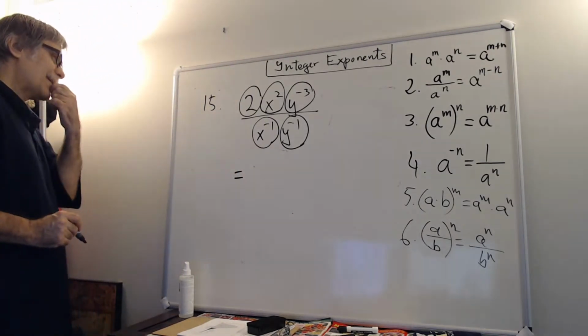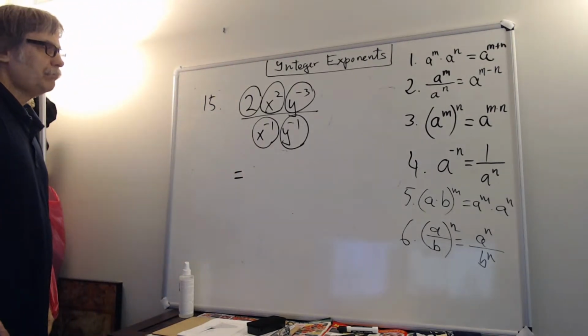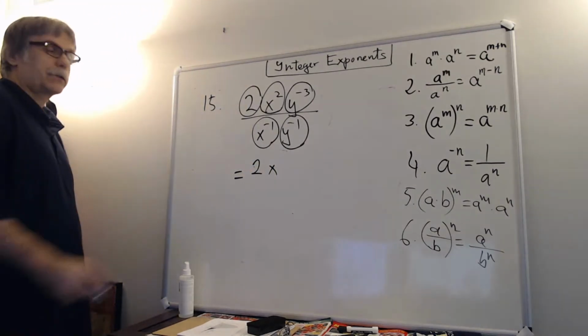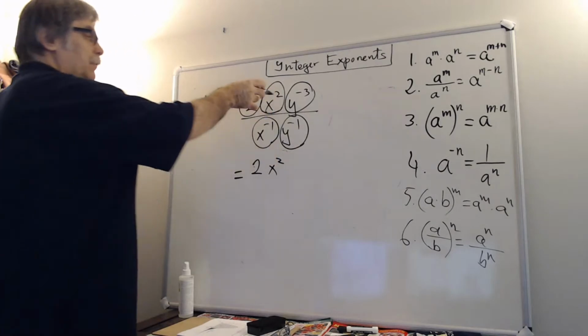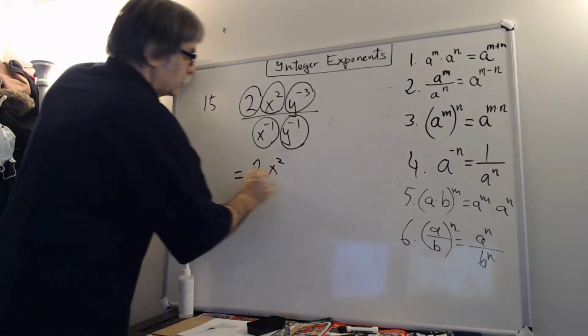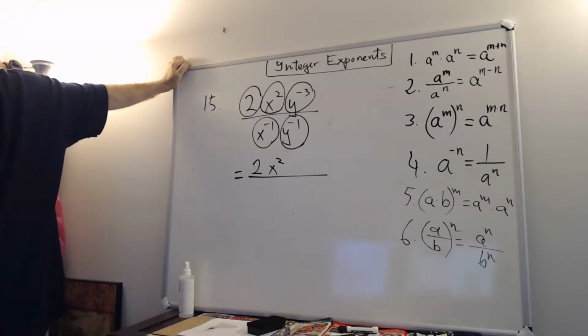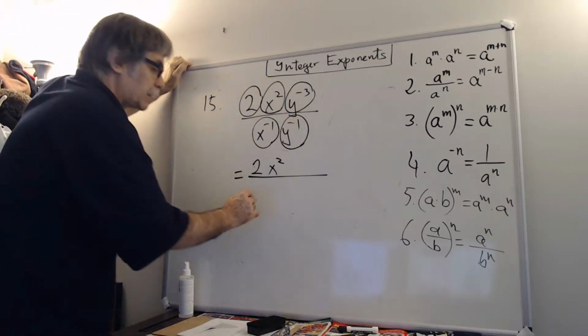So what do we have here? Well, 2 and x squared. I'm going to keep these 2. Everything else is a power with a negative exponent. The power with a negative exponent can be flipped. What does that mean? Well, I can put this one downstairs.